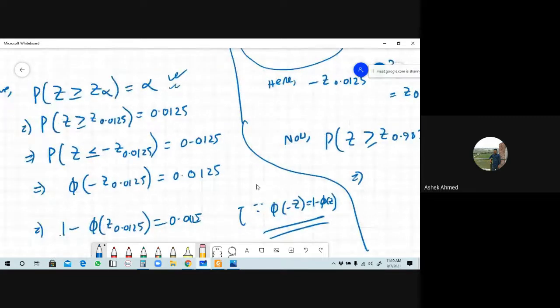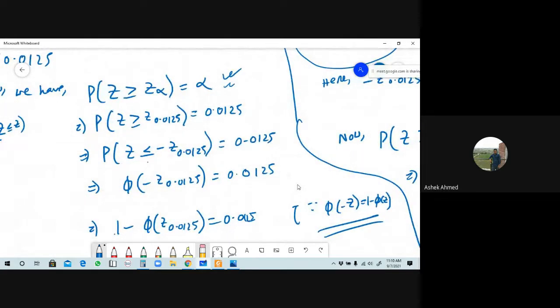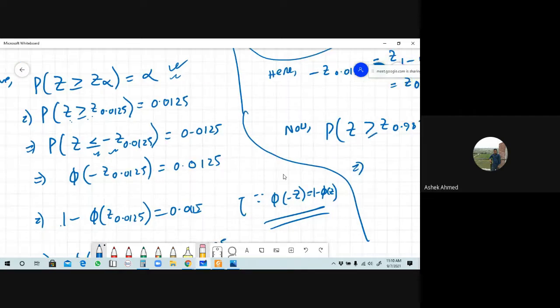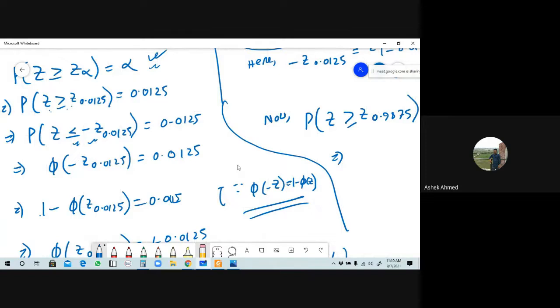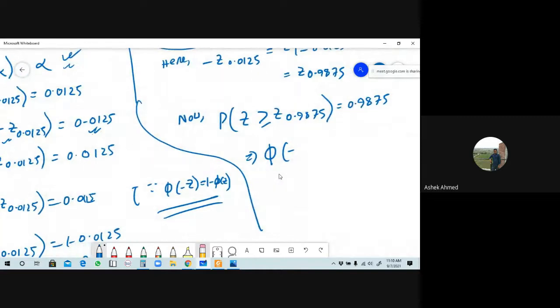For applying this formula, you have to multiply both sides of the inequality by -1. Then you can write this will be phi of this. So in that case you can omit this line. Indirectly we can write, if greater than or equal to is there, this is phi of minus z suffix 0.9875. Is it right? Respond, do you understand?